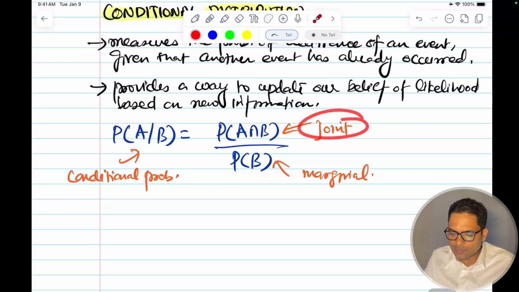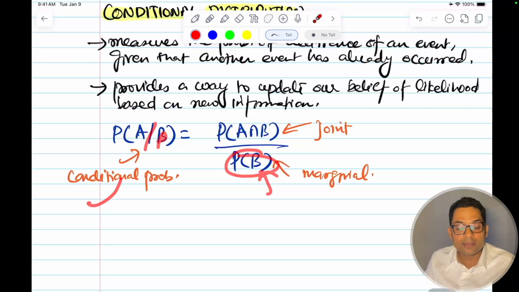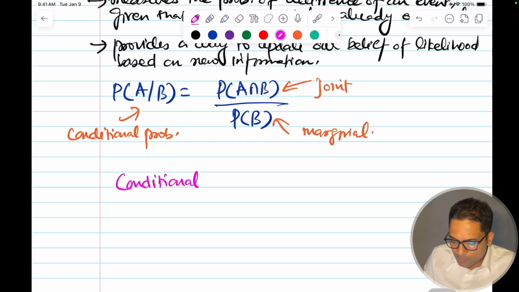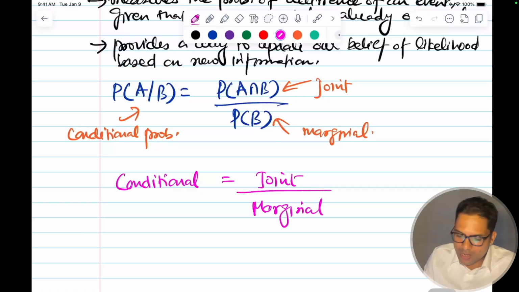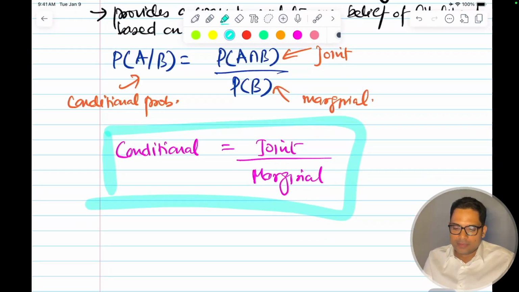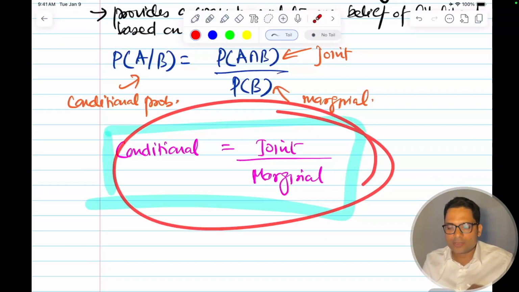So combined is joint, individual is marginal, and A given B is conditional. This gives me a beautiful formula: conditional probability is equal to joint divided by marginal. This ties all three things together.